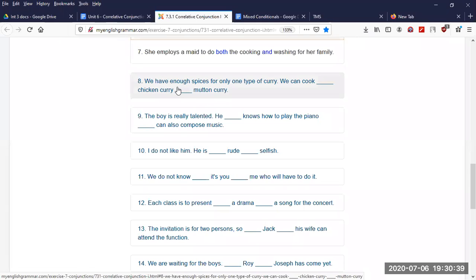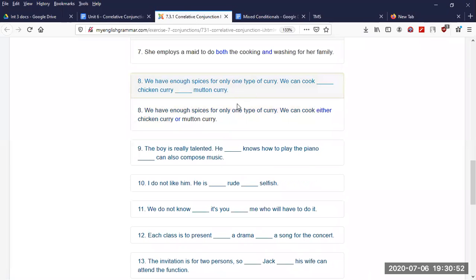We can cook either chicken curry or mutton curry. Yeah. Mutton is from sheep. Can't remember what it is in Spanish.